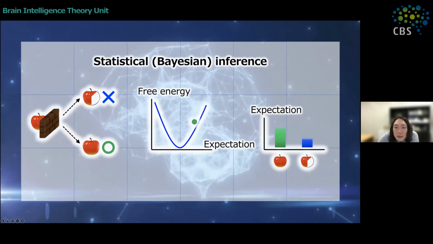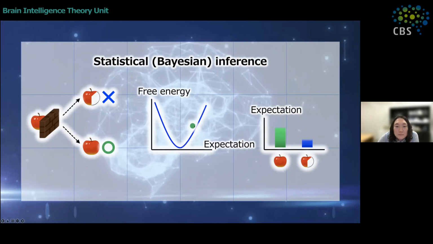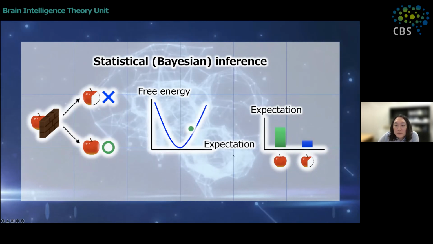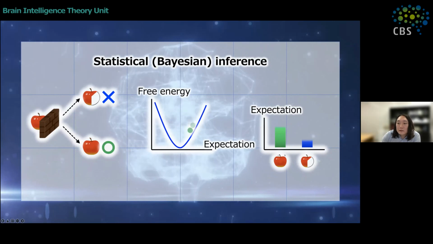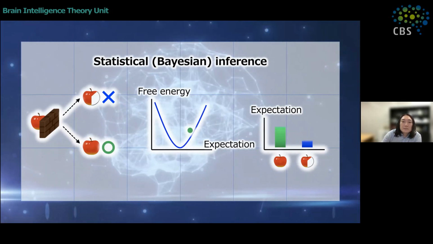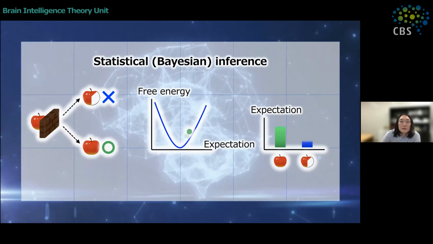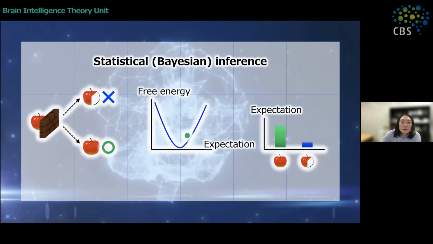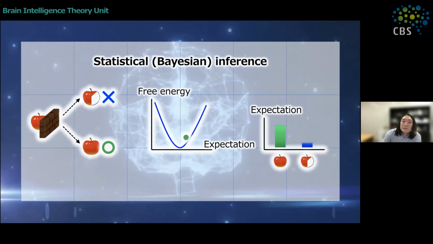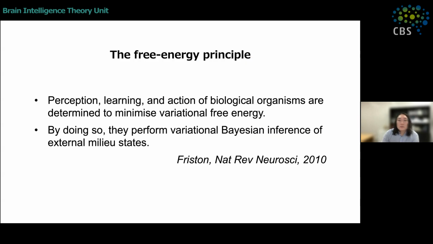So this update can optimize our inference like this. So this is another aspect of brain theory, and this hypothesis that the brain minimizes free energy to perform statistical inference is known as the free energy principle.